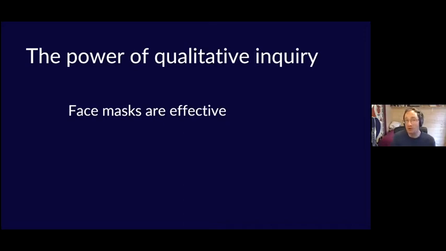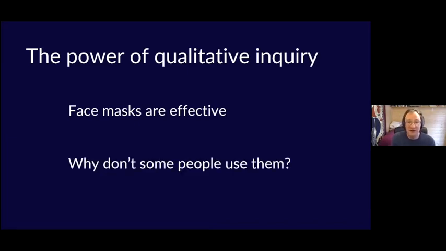But what that will quickly show you is that you can quantify the rate in which face masks limit the spread of the disease. But one of the other things which is very clear looking at the research coming out of the United States in particular is that a lot of people are hesitant, reluctant, or actively rebellious against wearing face masks. And this is something that all of those studies showing the quantitative benefits of wearing face masks can't really explain, can't really understand.